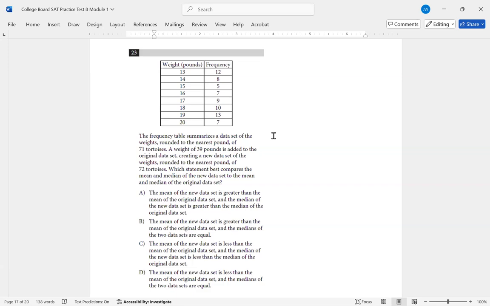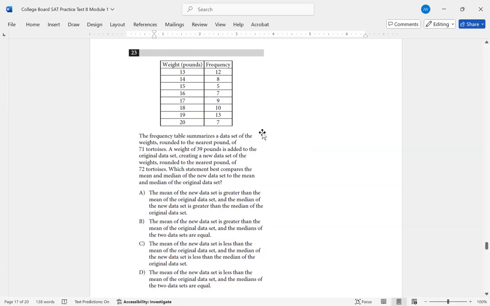So basically we added one tortoise that weighed 39 pounds. Which statement best compares the mean and median of the new data set and the mean and median of the original data set?